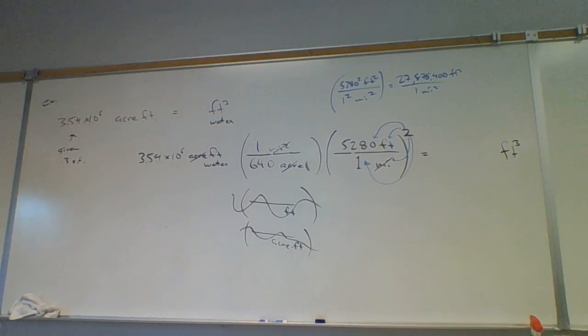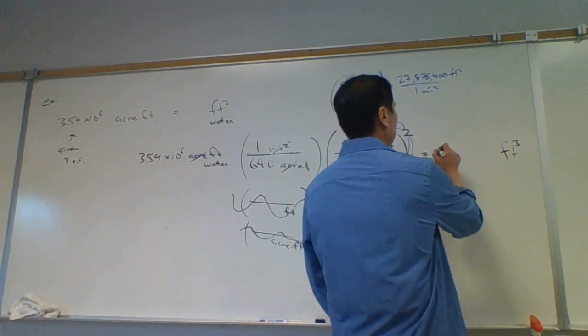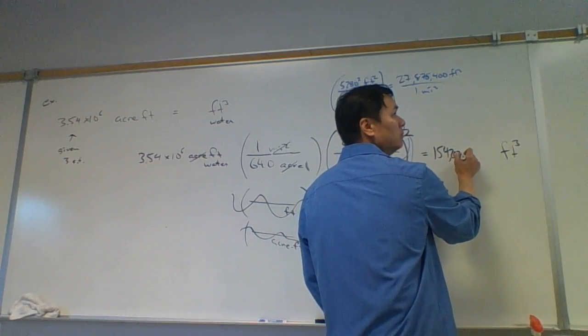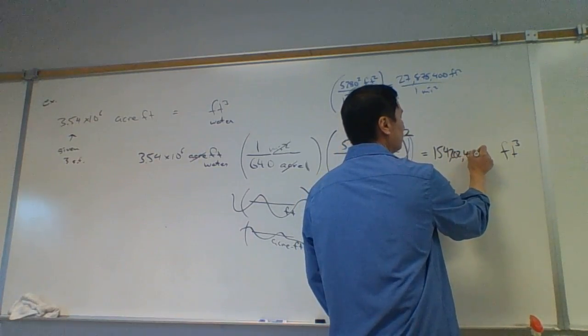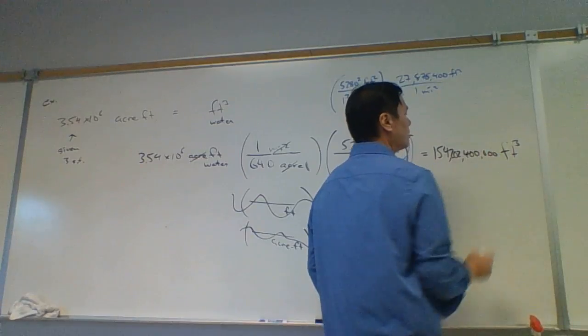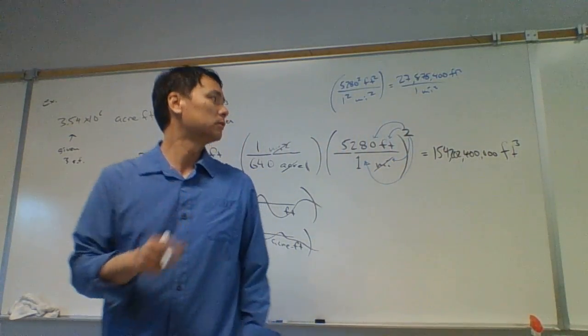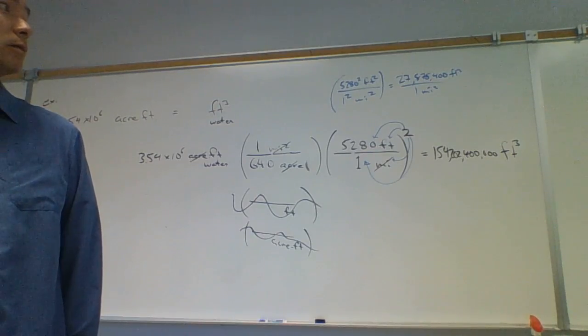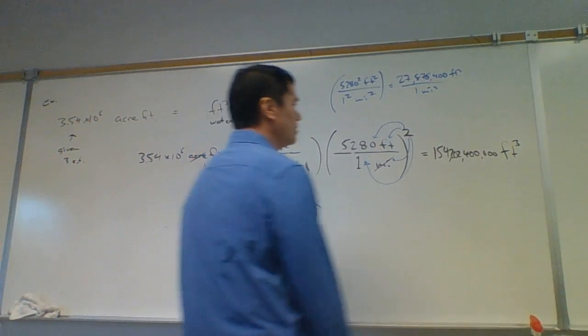It's going to be 154 billion. It's going to be 154,202,400,000 cubic feet of water. And so 154 billion cubic feet of water. And so there are different ways we could write this.